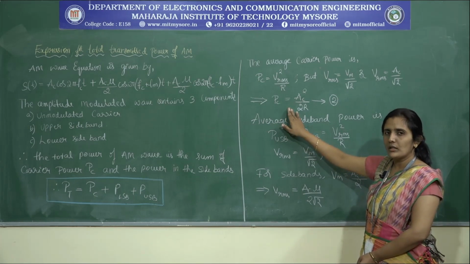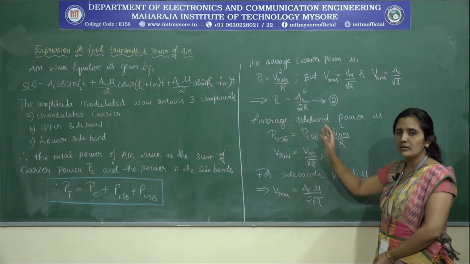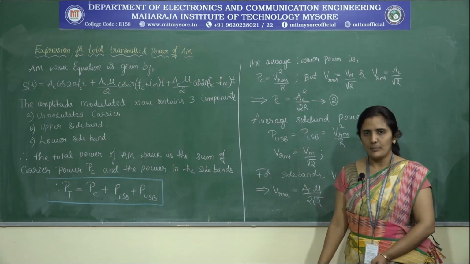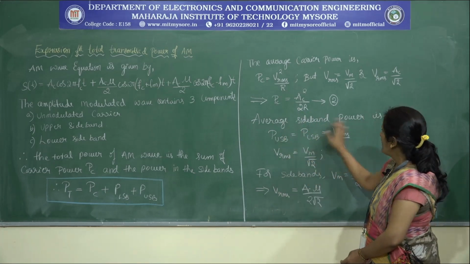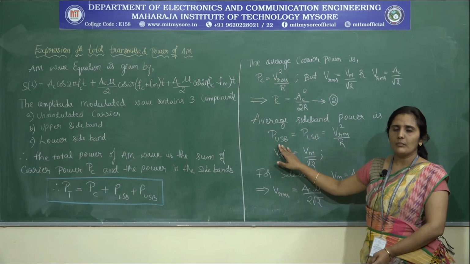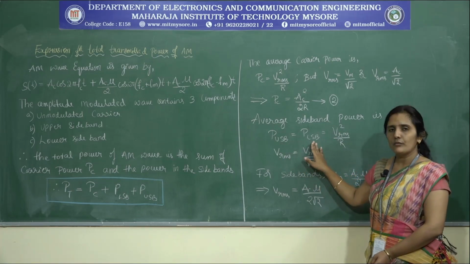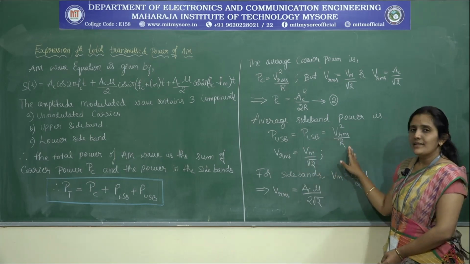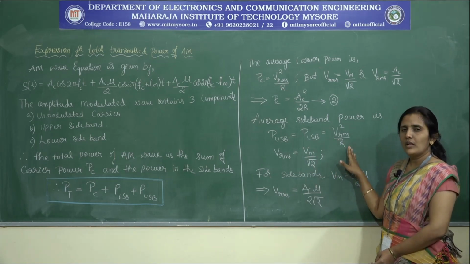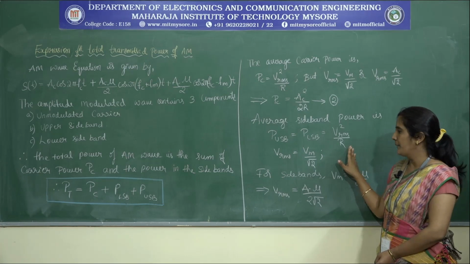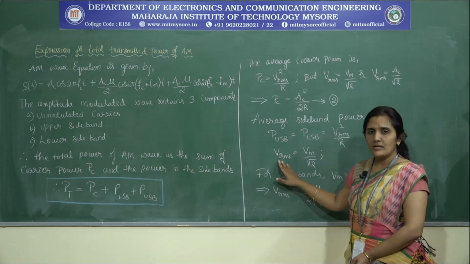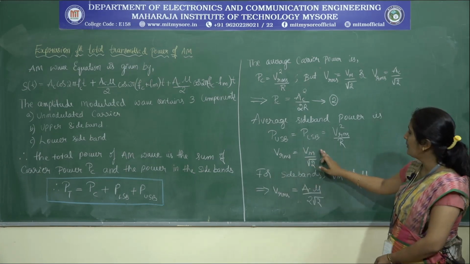Now we have to calculate the power for the sidebands, the lower sideband as well as the upper sideband. The average sideband power of the upper sideband is equal to that of the lower sideband. Again we consider Vrms square divided by R, where Vrms equals Vm divided by root 2.